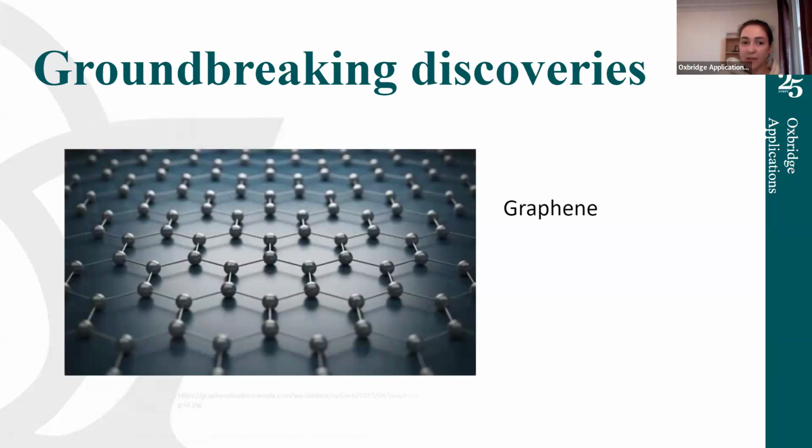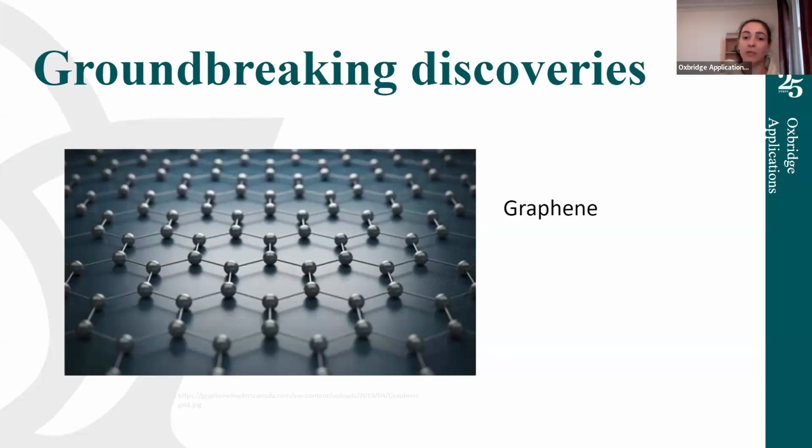Fast forward to 2004, and this is when the scientists Geim and Novoselov defied convention and they were able to isolate graphene. So as I'm sure you know, graphite is made up of layers of graphene, and until 2004, single layers of graphene were not isolated.